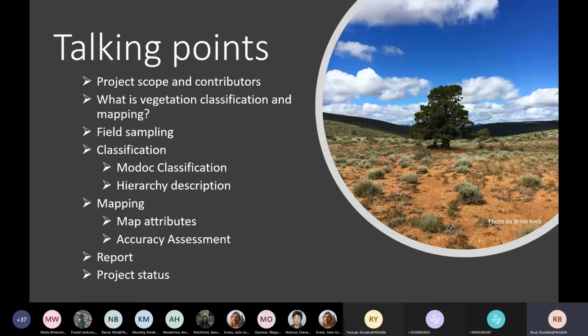I'll talk about the field sampling effort and the vegetation classification that came out of that. And then I'll talk a bit about the map itself, including the attributes that are embedded within it and where to find that data. I'll also show you the report that describes most of the things that I'll be showing you today and where to find it, at least in the near future. And then I will give you a quick project status update.